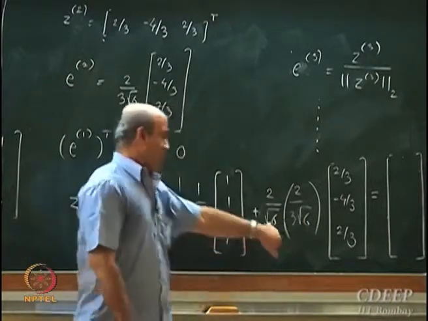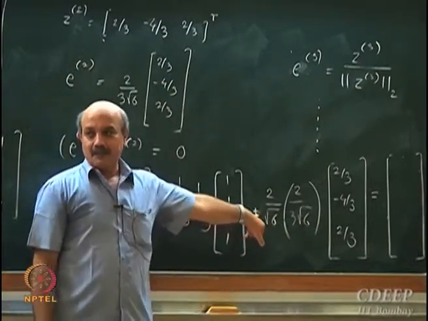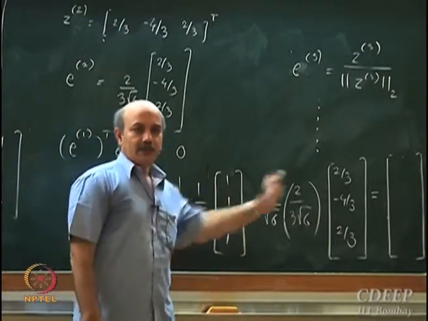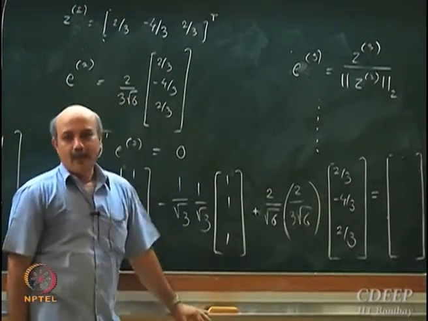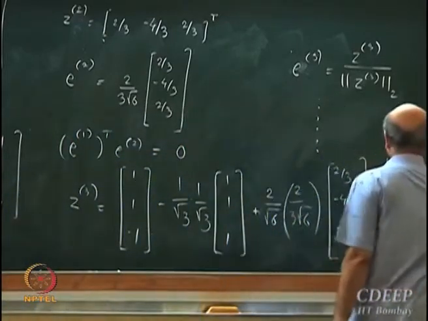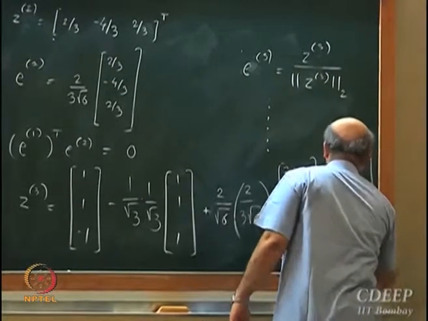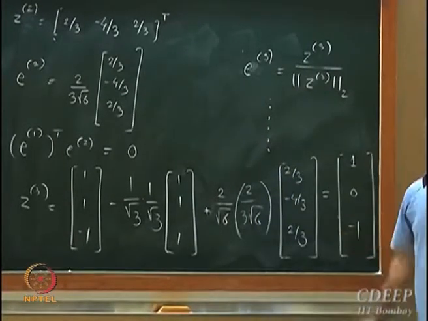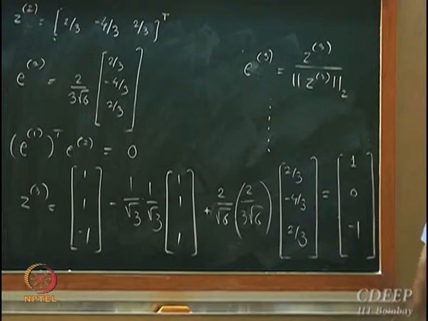So you have to tell me whether this plus is correct or should be minus here. Plus is correct here. So what is the total? (1, 0, -1). See, our friend says (1, 0, -1).